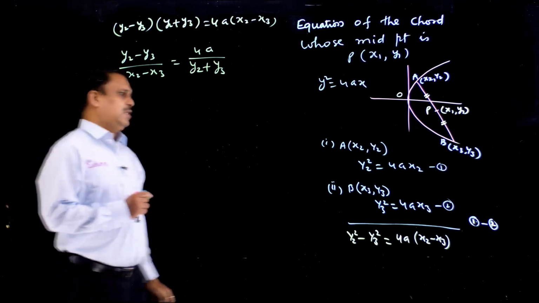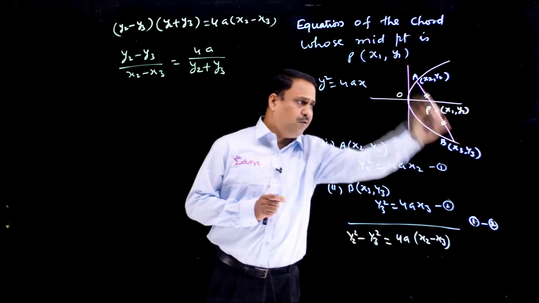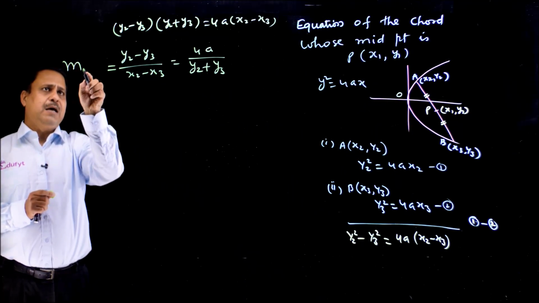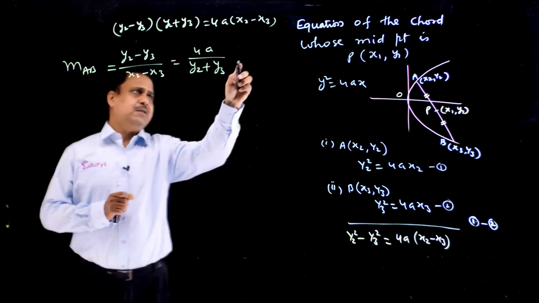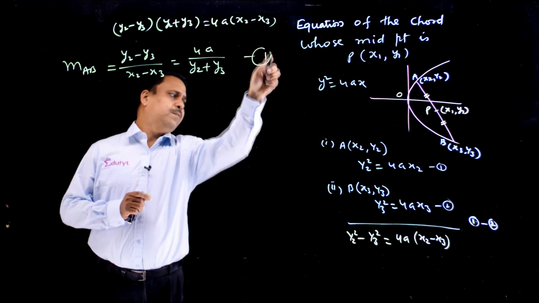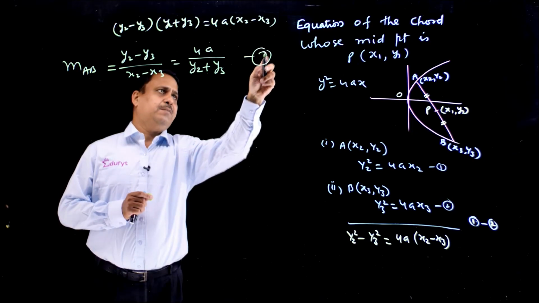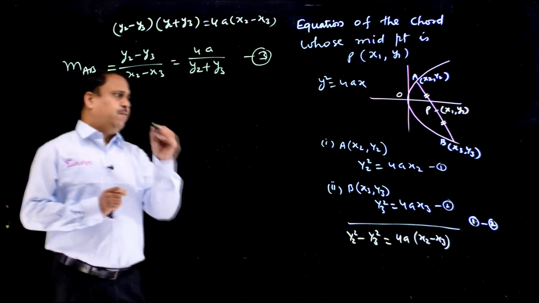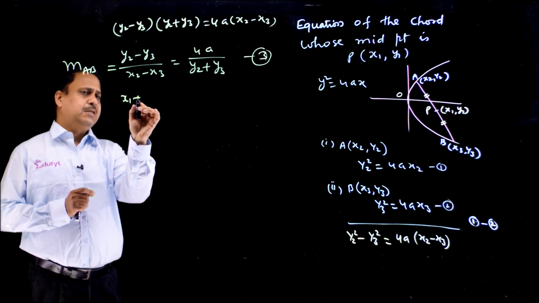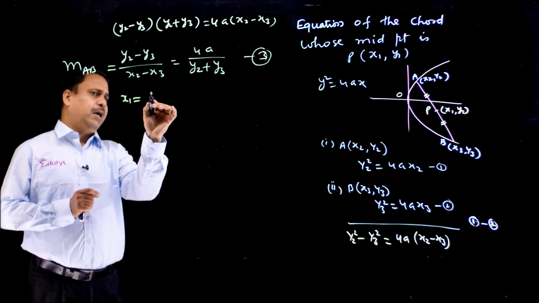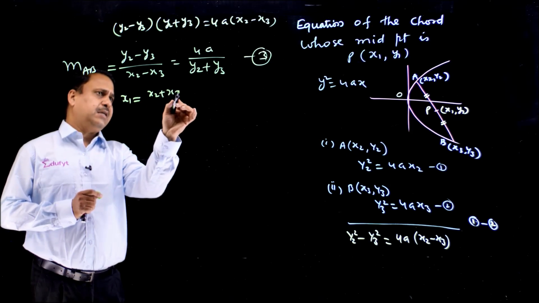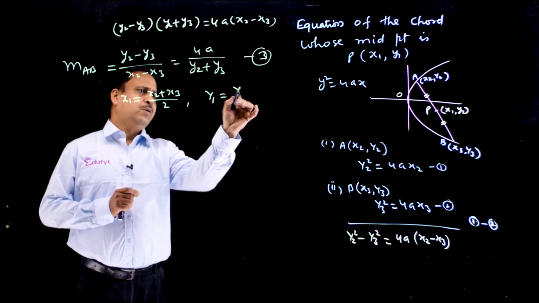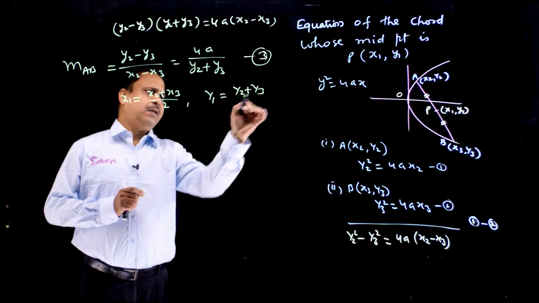This (y2 minus y3) upon (x2 minus x3), if you observe here, this is nothing but the slope of this line AB. So let us consider this as equation number 3. Now, P is the midpoint. So I will have x1 equal to (x2 plus x3) upon 2 and y1 is equal to (y2 plus y3) upon 2.